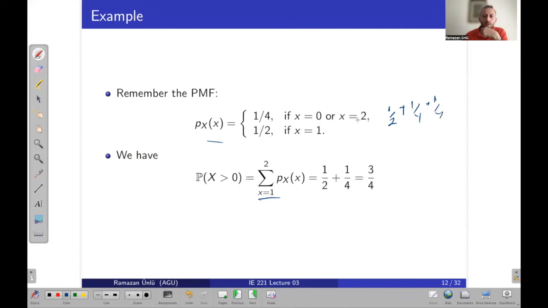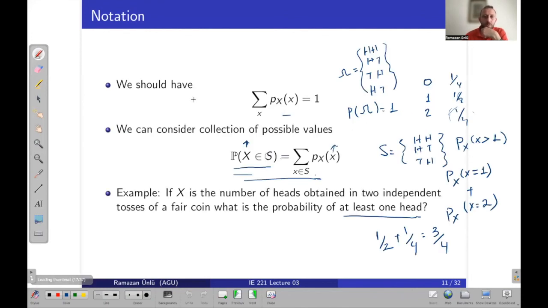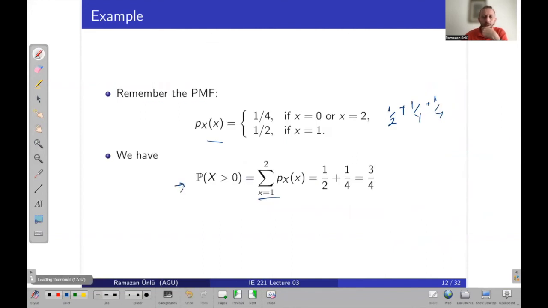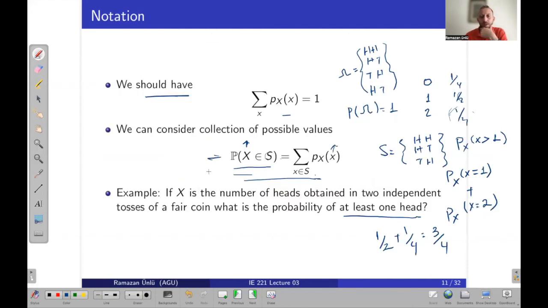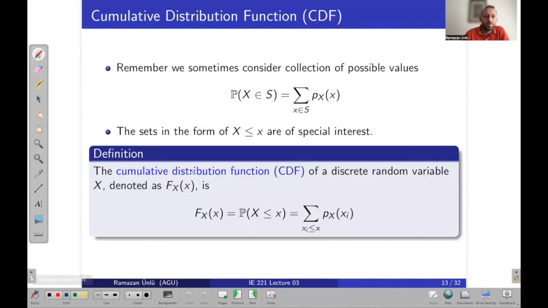So this is the solution of this notation, or proof of this notation, and this one is the proof of that notation. Okay, or you can check yourself again. Okay, so in the next part we will continue with the cumulative distribution function, which is also useful in many different problems. Okay, I'll see you in the next part.